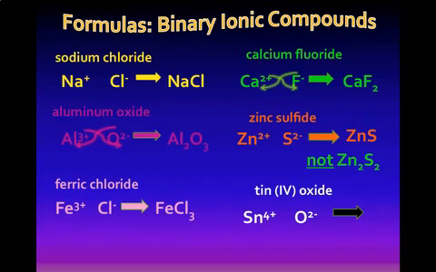Okay, so again, I want the lowest ratio, so that would give me SnO2, not Sn2O4, even though that's what I would get with my crossover trick or shortcut. If you get Sn2O4, you can look at it and see that you can reduce it, and so then you would be expected to do that, to SnO2. If you want to consistently use the crossover trick, that's fine, but you need to make sure to check to see if you need to reduce at the end.